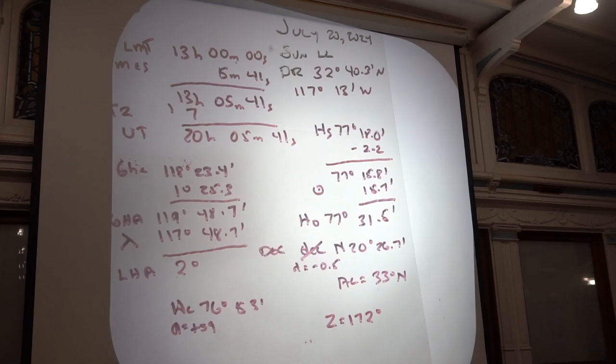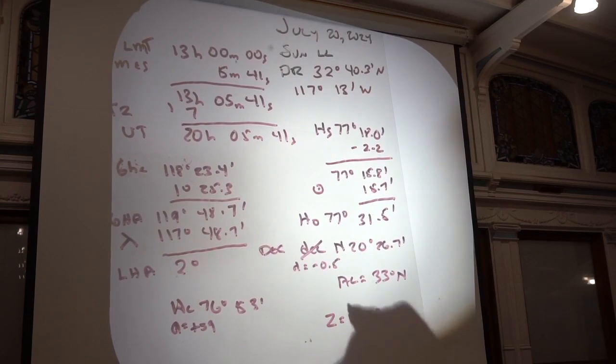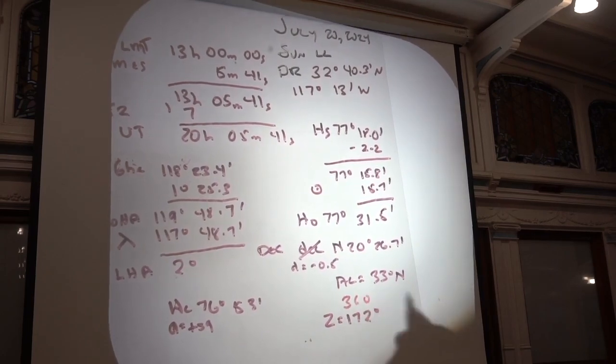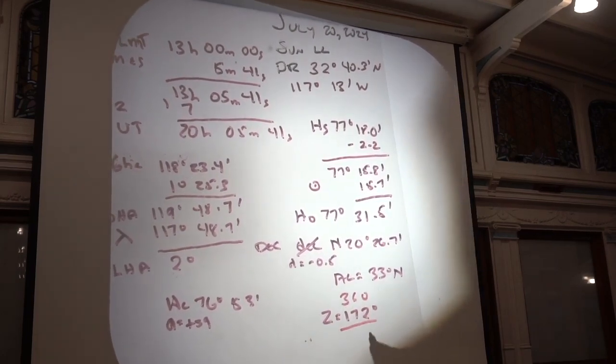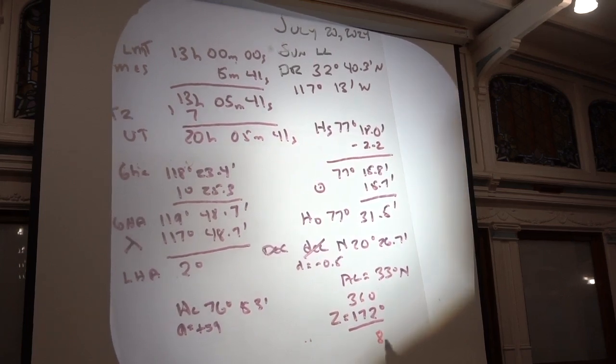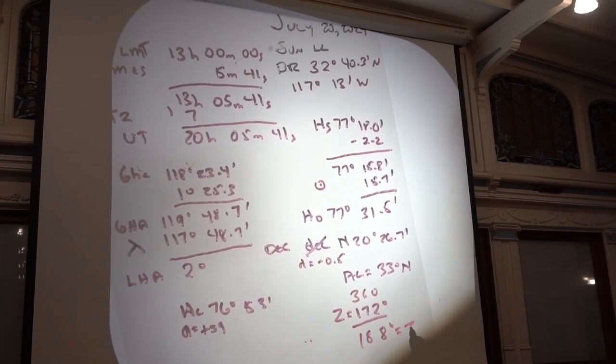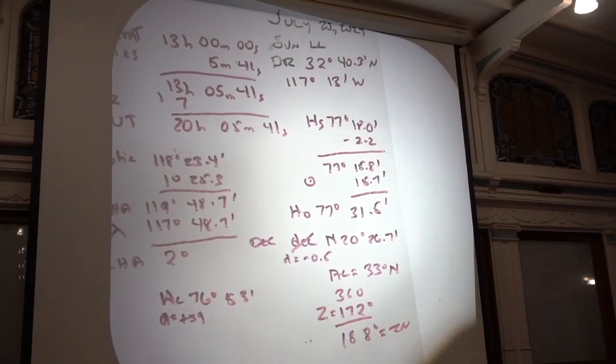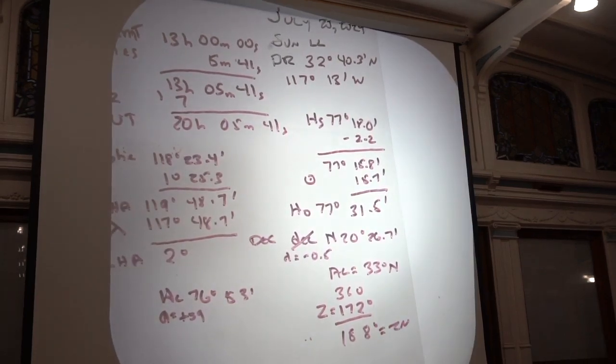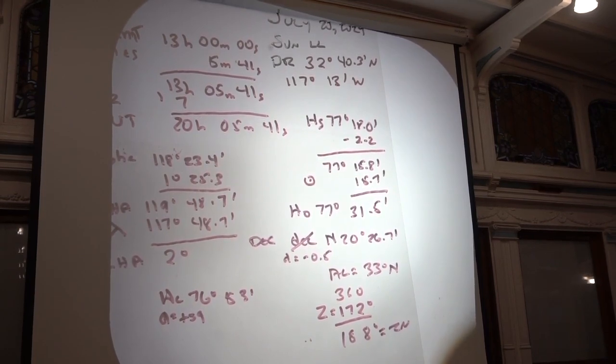See that little equation up there? So we subtract from 360, and that equals Zn. That's the azimuth, the bearing of the sun from the HC.